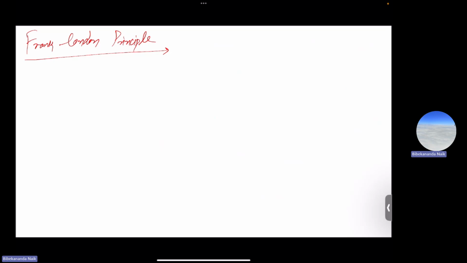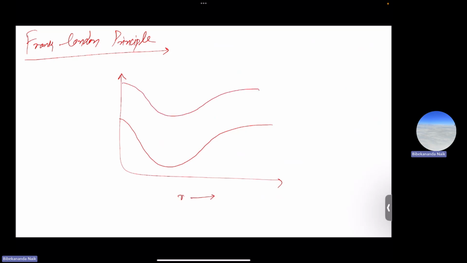For example, suppose this is a level, and these are two levels. In case of a molecule the electronic levels are shaped like this due to the interaction between the two nuclei, so that it has a minimum. Suppose this is R, this is the ground state and this is the excited state.